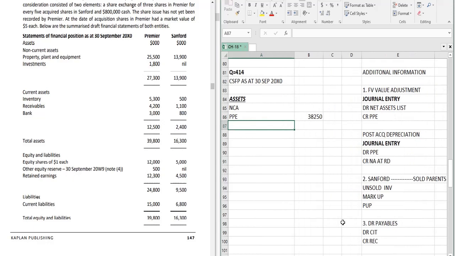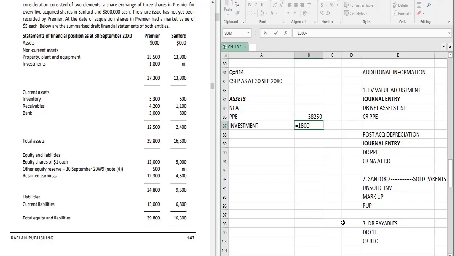Okay, now investment. Just have a look at the formula bar, what I am writing. Investment amount is 1800.